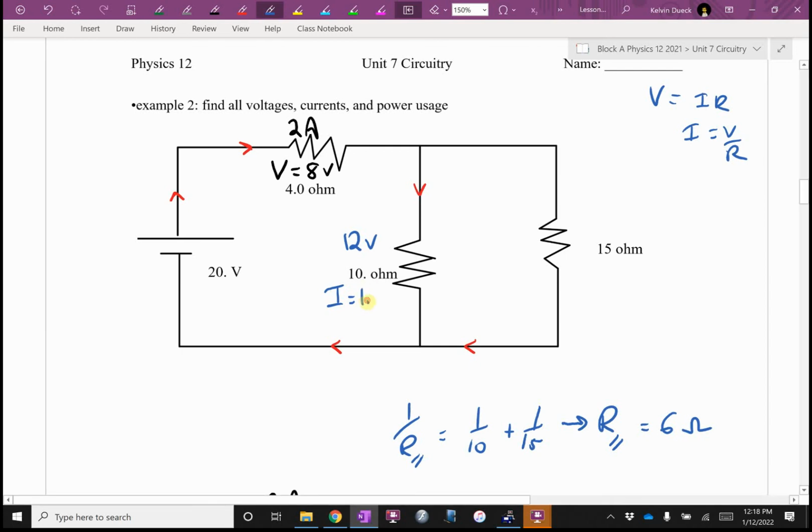How many amps over here on the right? How do you know? Got 2 amps coming in. 1.2 amps went this way. 0.8 amps must have gone that way. How many volts over here? I know it's 12 because of Kirchhoff's law, or I can go I times R, 0.8 times 15. Try that. Do we also get 12? Because that would be really nice.